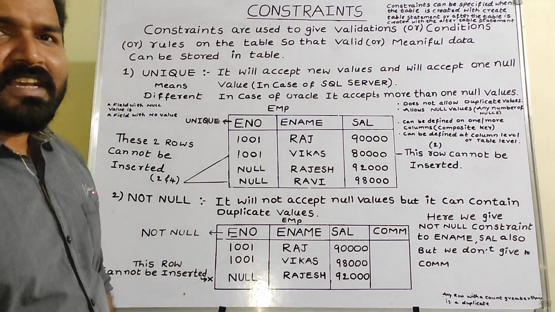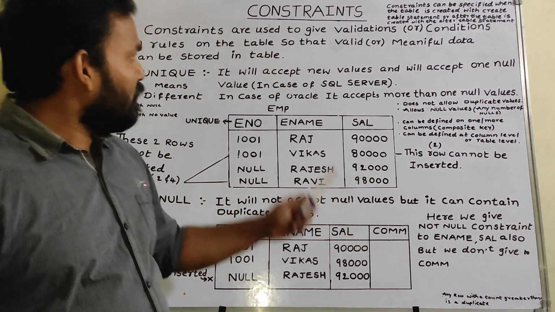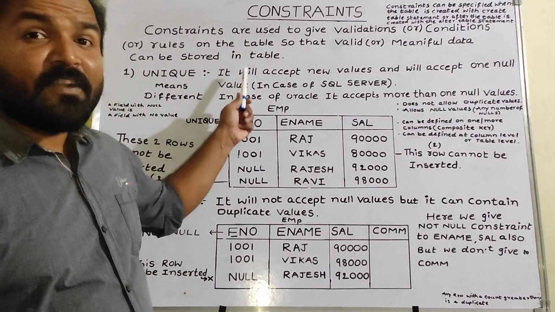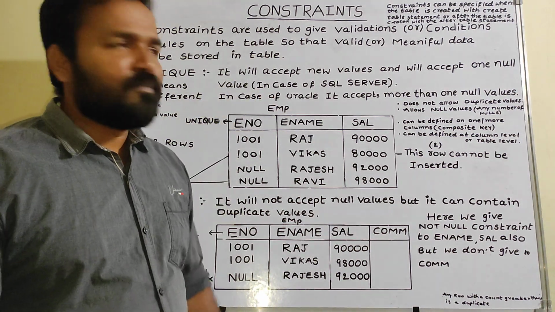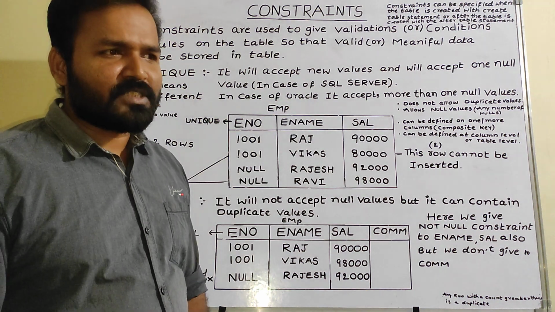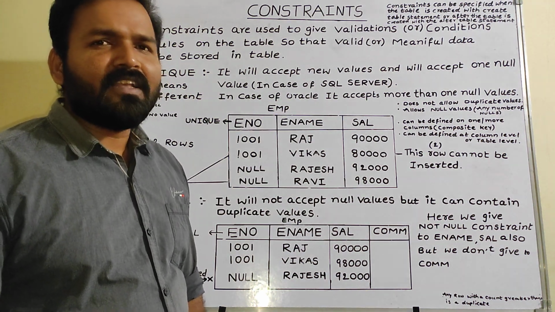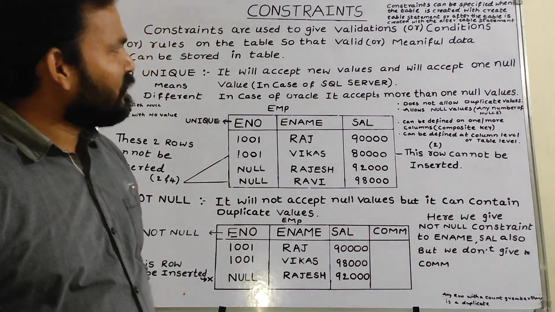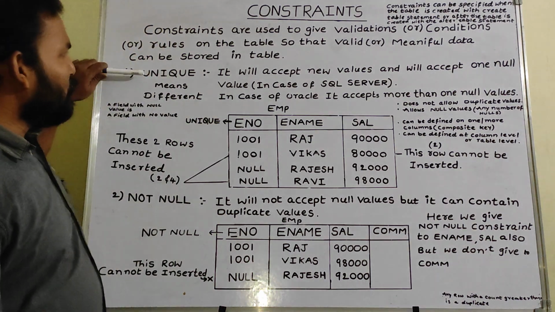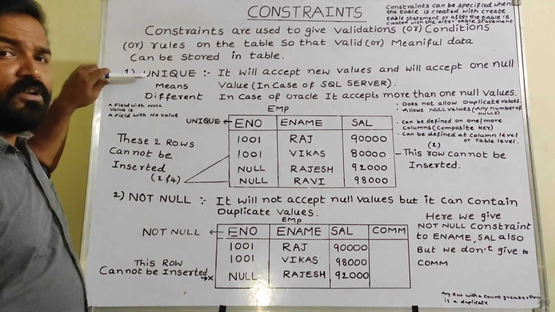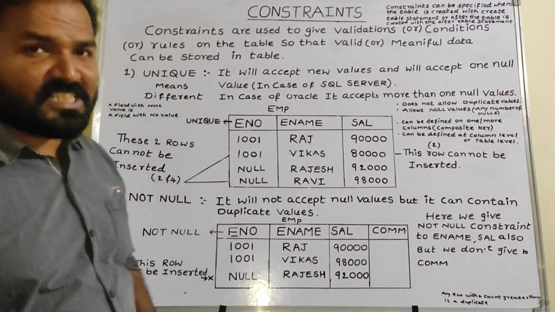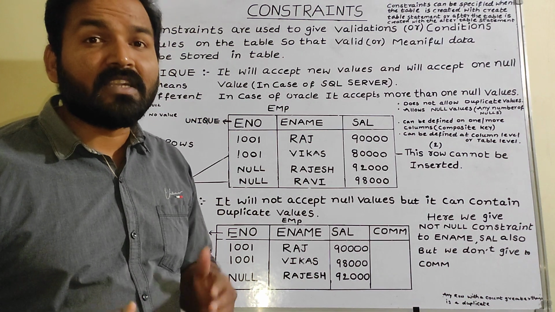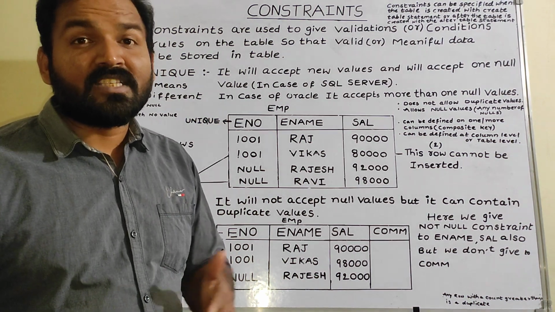Unique constraint will accept new values. Here, unique means what? Unique means different, single.